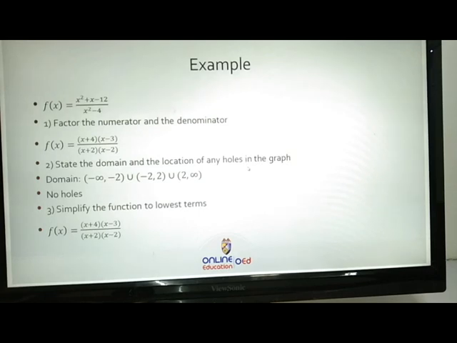Okay, so in this given domain, there are no holes. So number 3, simplify the function to lowest terms. So f of x is equal to x plus 4 times the quantity x minus 3 over x plus 2 times x minus 2. So that is the lowest terms.